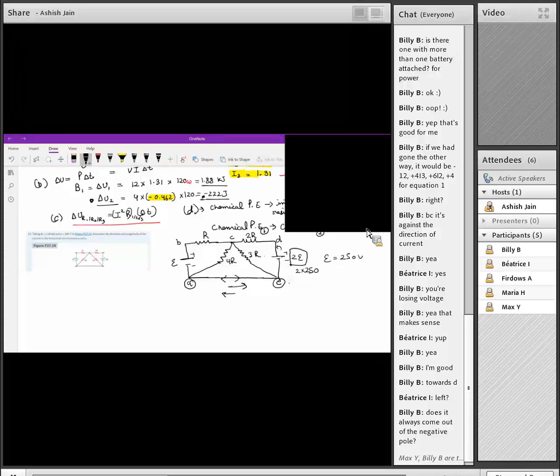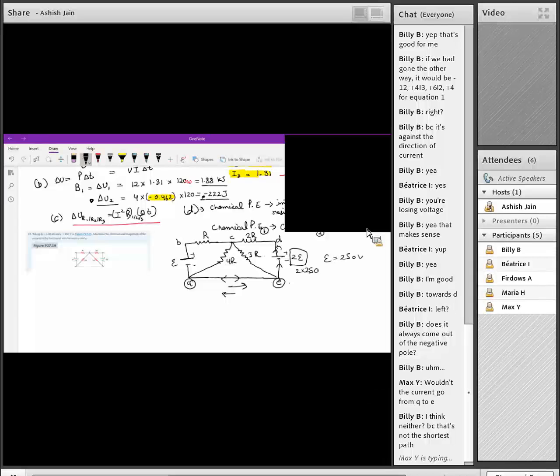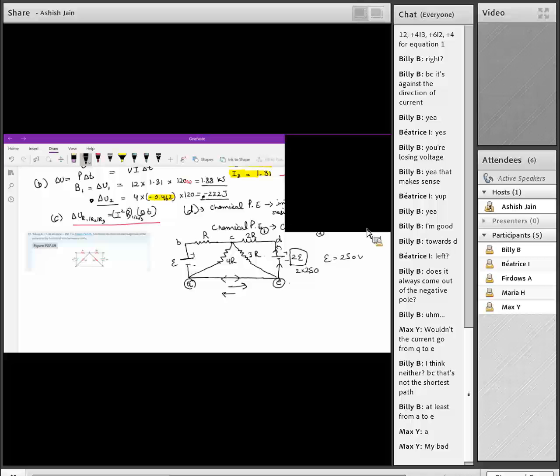So it goes into the negative pole. No, that's point A. Sorry, not Q. So yeah, Max, you're correct. It will go from A to E.